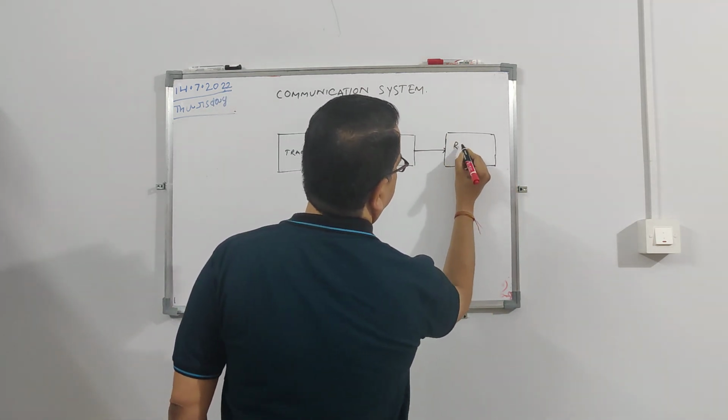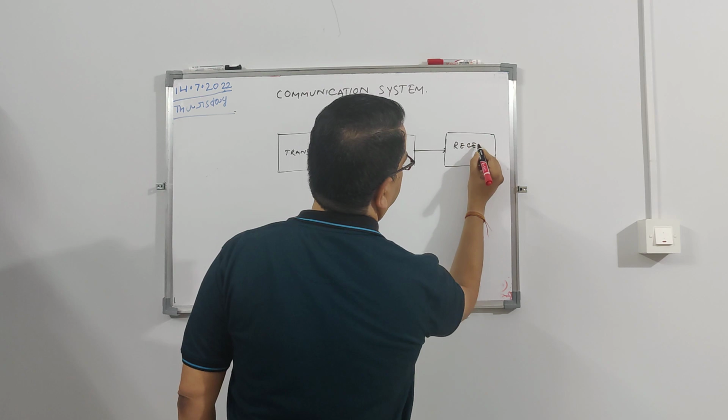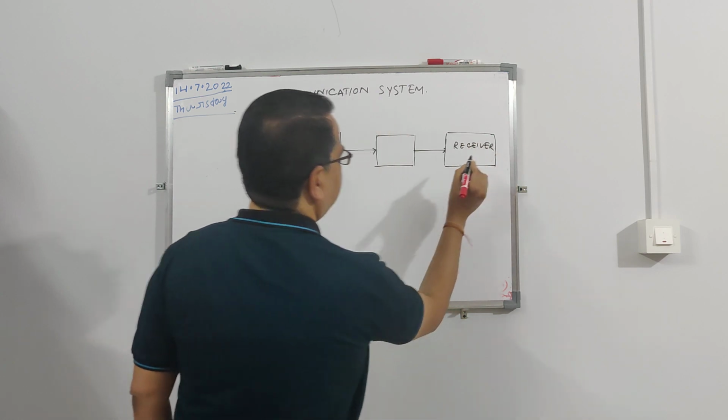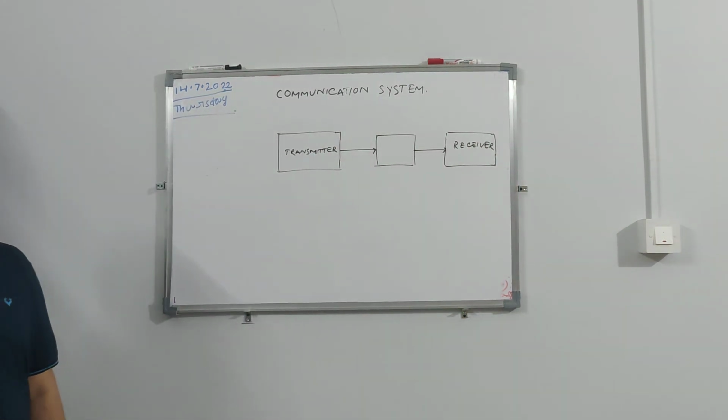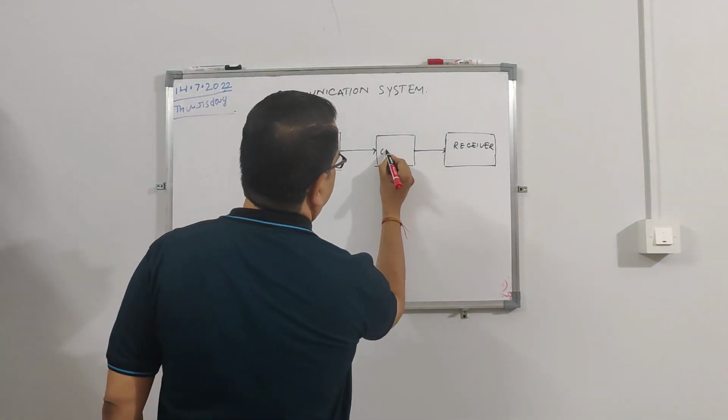So you have a transmitter, a receiver, and a channel.